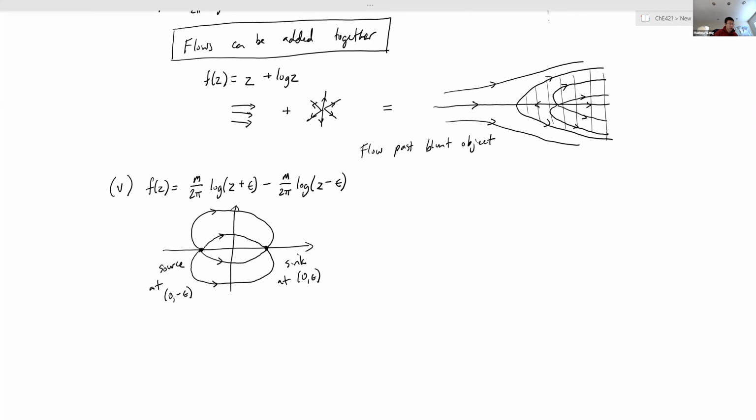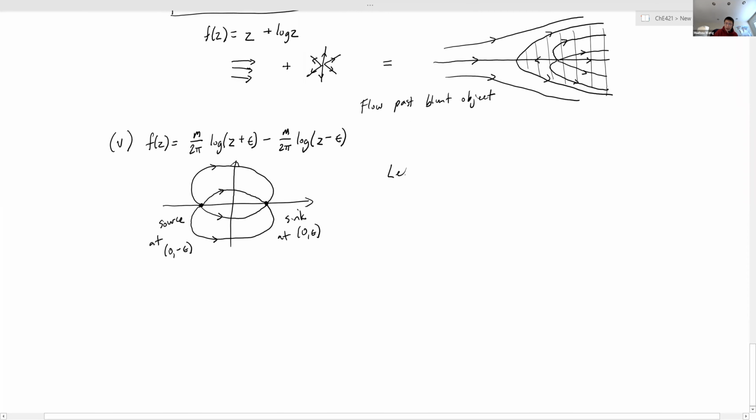If, for instance, we wanted to let epsilon go to 0 with m epsilon held constant, then you could do a Taylor expansion around epsilon for both of these terms and convince yourself that f of z can be written as m epsilon over pi z.